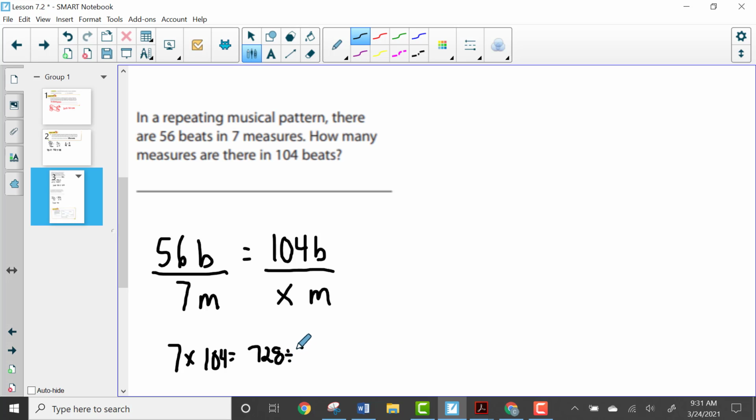Remember, it's the number that we did not use in our multiplication problem, 56. And we can see that that is 13. And that gives us the value for the missing unit here, the missing number. So 13 measures. How many measures are there in 104 beats? 13 measures. We'll write that in.